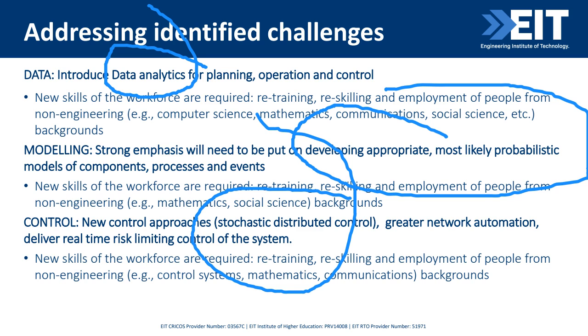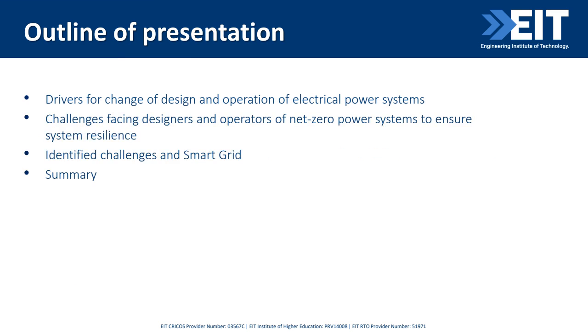Again, people from control system, maths, and communication. So if I'm looking at the new grid that I'm talking about, I must be able to have people who can help me. So that was my first one. I've identified the challenges. So these are the challenges that I have.